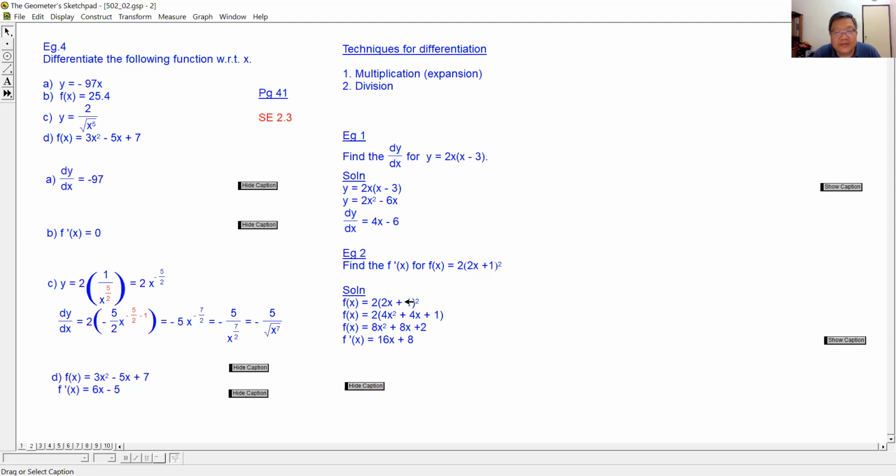So this function, I'm going to make it one by one like that. How to make it one by one? Expand. So expand, become 2 times 4x squared plus 4x plus 1. Then you multiply the 2 inside: 8x squared plus 8x plus 2. Now I ask you, until this step here, have I differentiated? So many steps already, but have I differentiated? No. So what is the name of this function here?